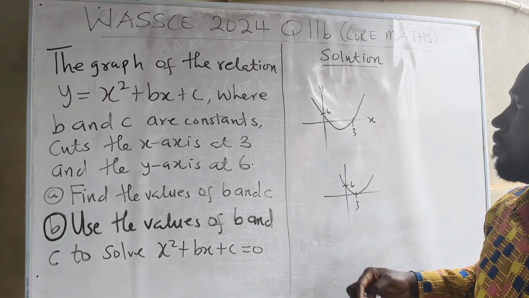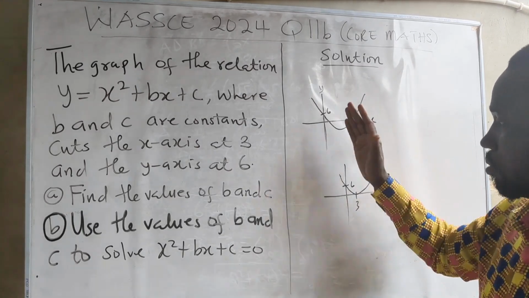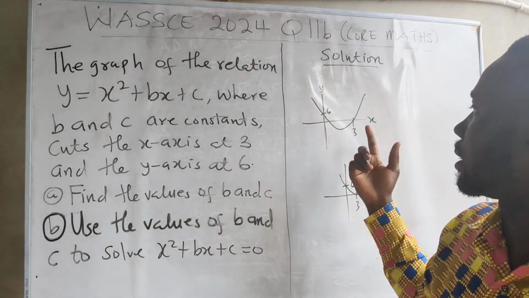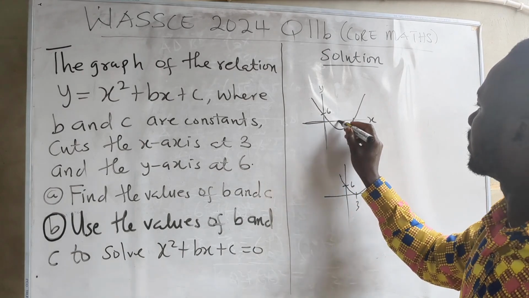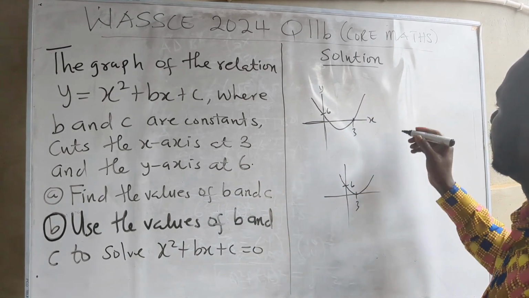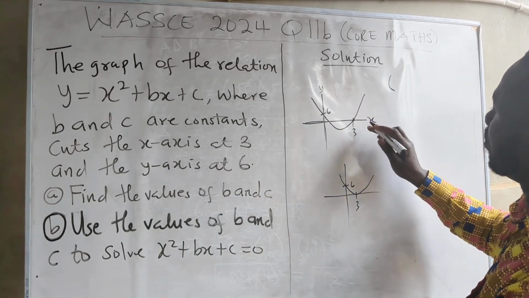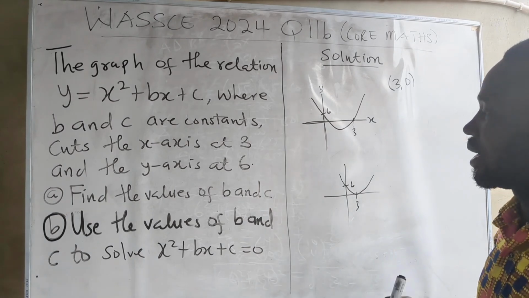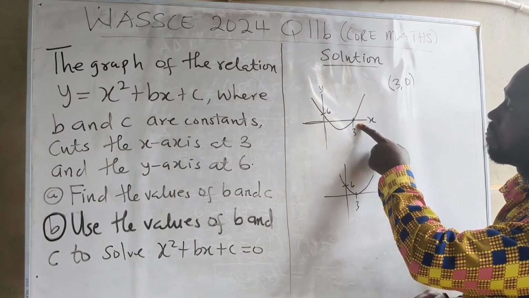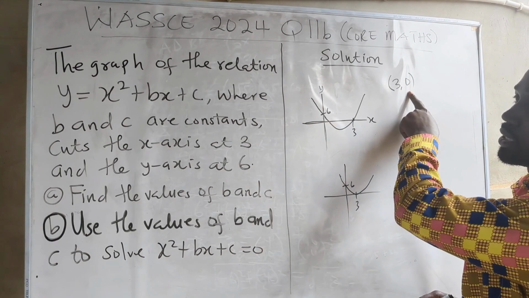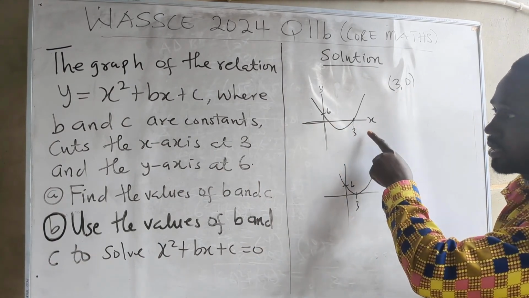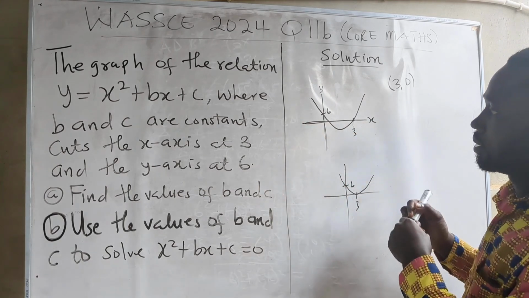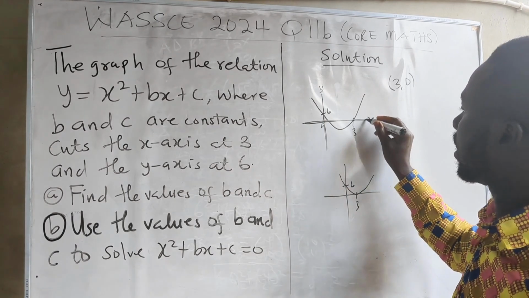So let's come back to the curve again. Our curve is cutting the s axis at 3. On this particular point on the s axis, the value will give me 3, 0. It means that on the s axis the y value is 0, because at every point on the s axis y is 0.